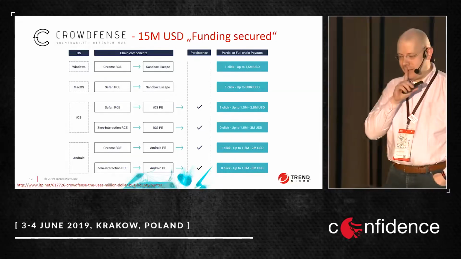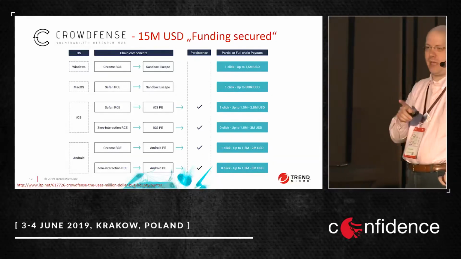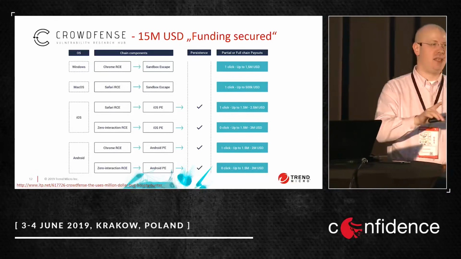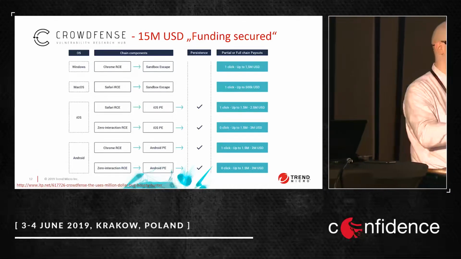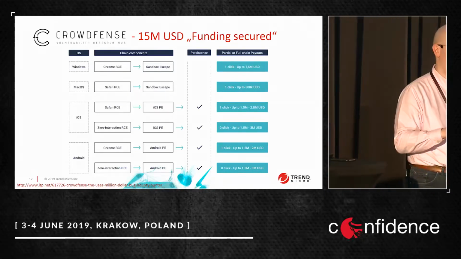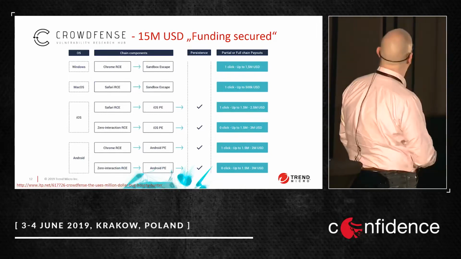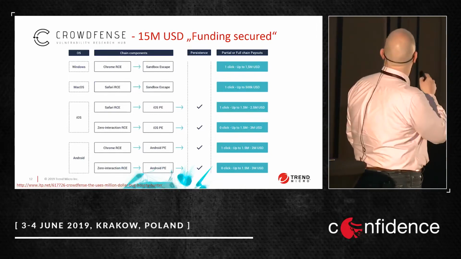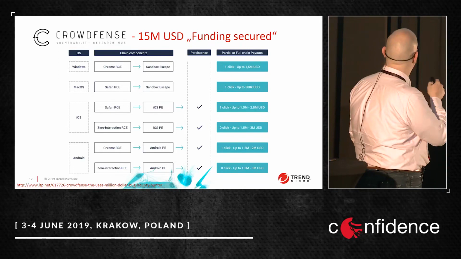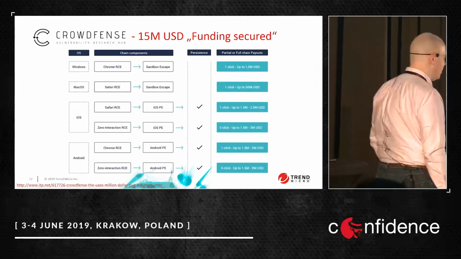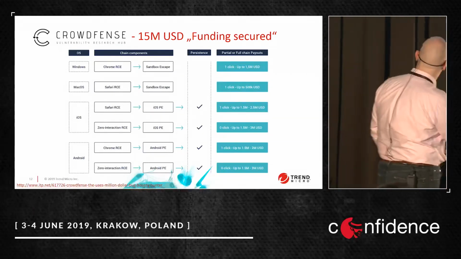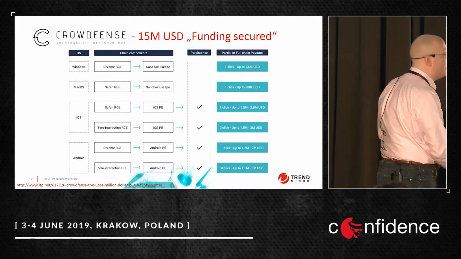And the nice thing about CrowdFence is that you will get kind of a price list. You can exactly see how much a zero-day exploit is worth. So if you find, let's say for iOS, a zero-interaction remote code execution with privilege escalation, it will give you up to $3 million.